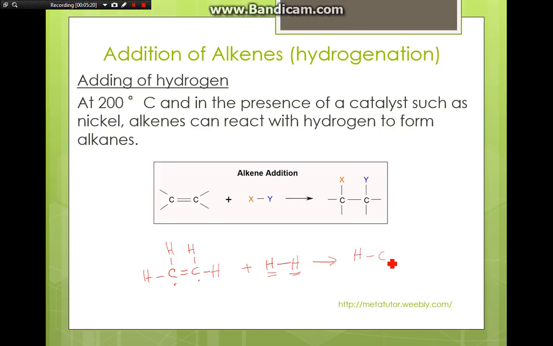So we end up with a molecule that looks like this. You should recognize that this is an alkane, this is an ethane molecule. So we can convert alkenes to alkanes by hydrogenation under these conditions, 200 degrees, nickel catalyst. And of course you have to add hydrogen as a reactant.